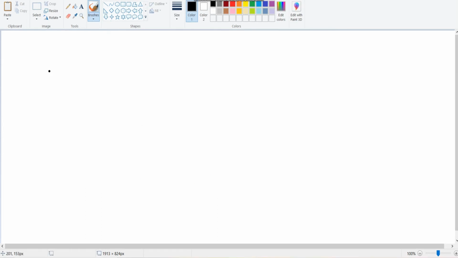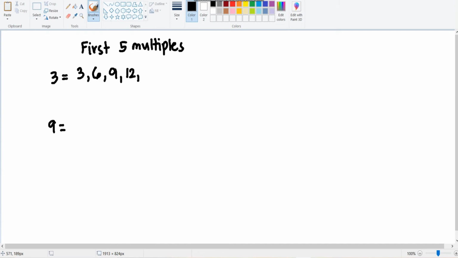Let us have another example. We have 3 and 9. Now you are tasked to find the first 5 multiples. So you have to list only 5 multiples. A while ago we listed 10 multiples, but this time we list 5 only. Let's start with 3. We have 3, 6, 9, 12, and 15. How about 9?